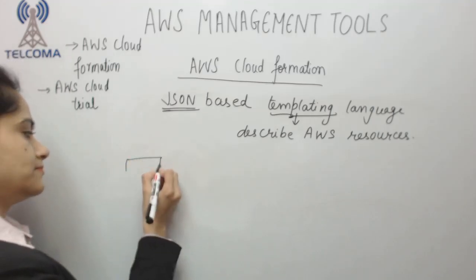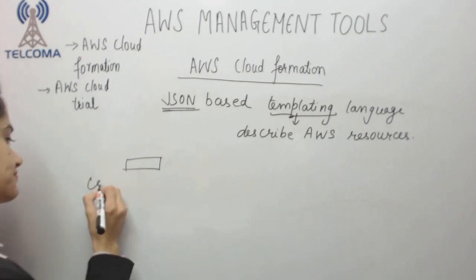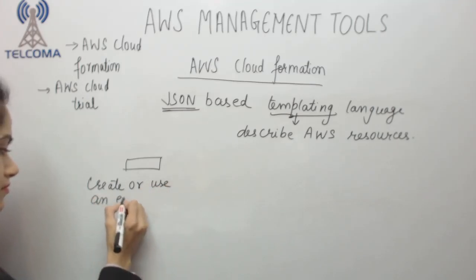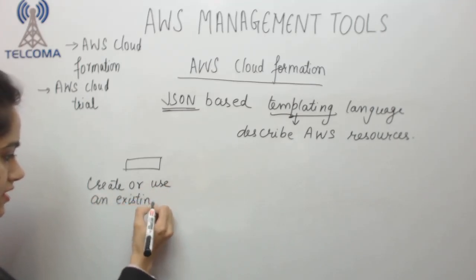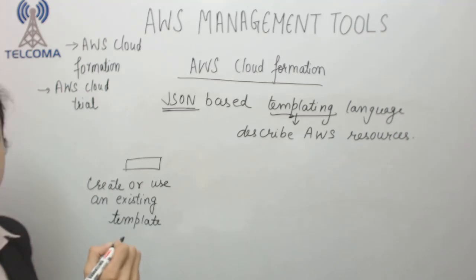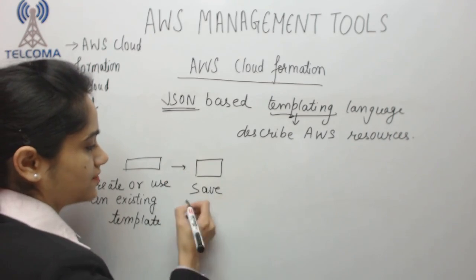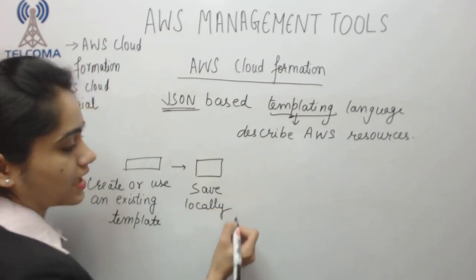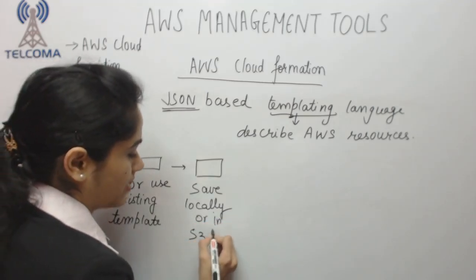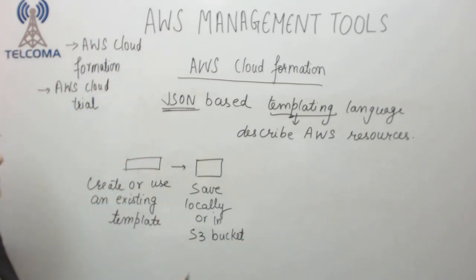Now, for example, we can create or use an existing template. This template can be saved locally or we can save it in an S3 bucket where we can save our data.